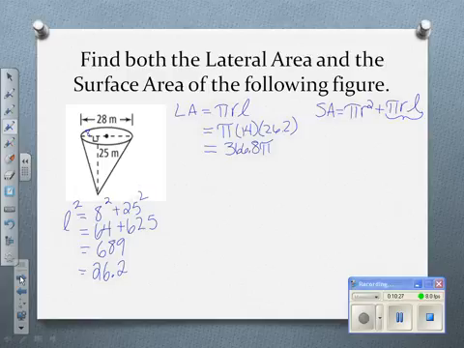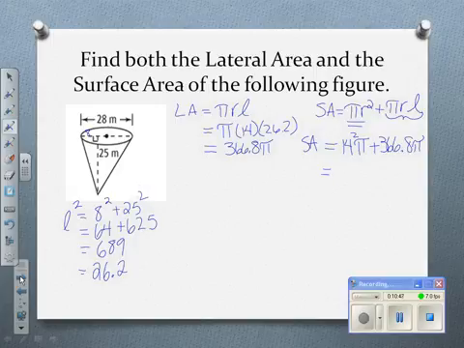And then look at this, pi r squared, well, that's the area of the circle. So my surface area is going to be, the radius we said was 14, so 14 squared pi plus 366.8 pi. And 14 squared is 196.